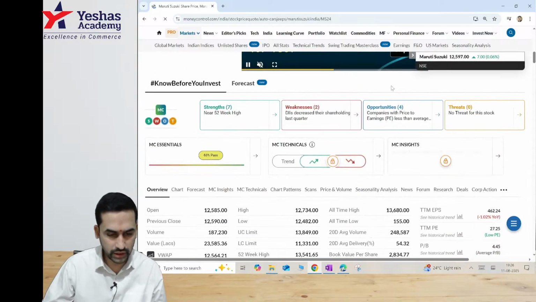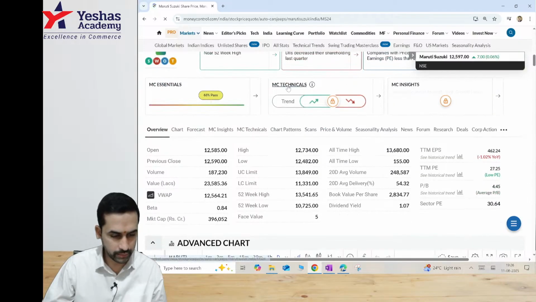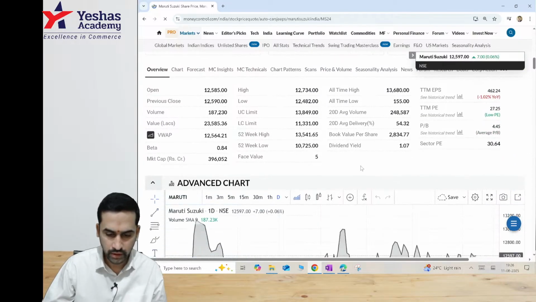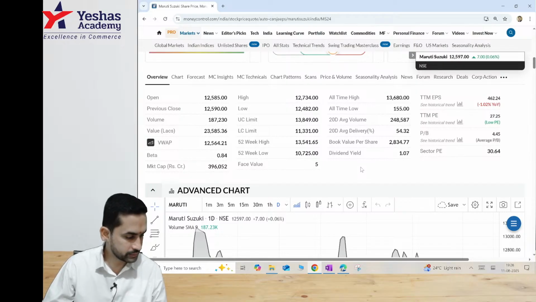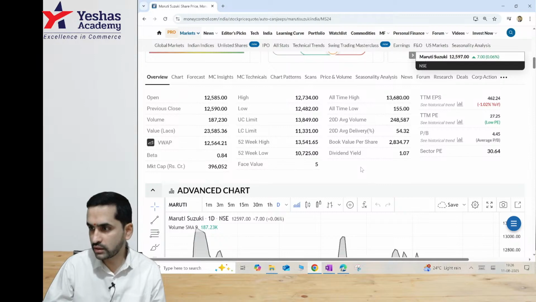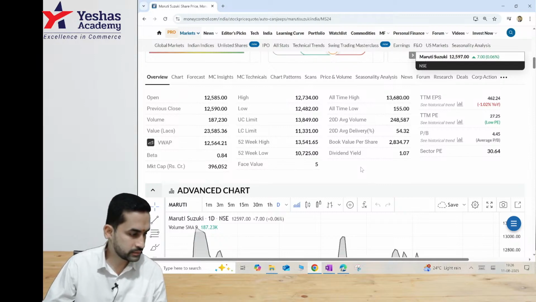Yeah. Scroll down little bit. You will reach to a screen like this, just above the chart. I hope this is ready. Just above the chart, you will have overview, something like this.